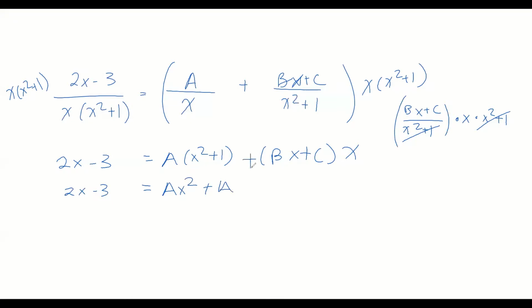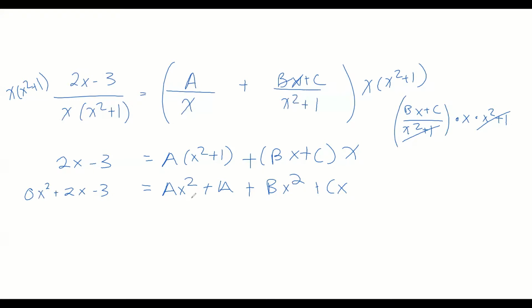There's a plus sign in between. I just dropped it accidentally. And then I have bx squared plus cx. And then I get to here. Then I can also interpret this left-hand side as having a 0x squared.